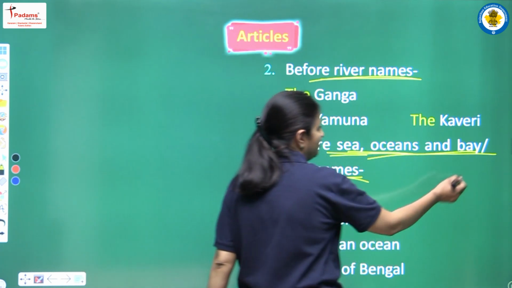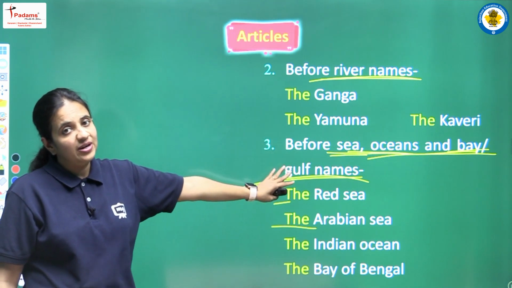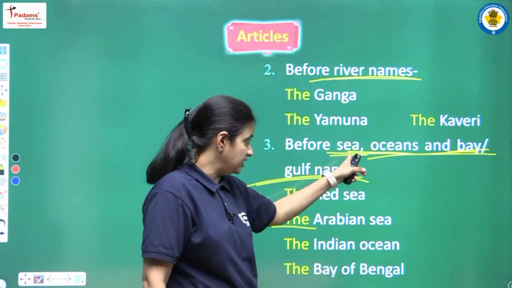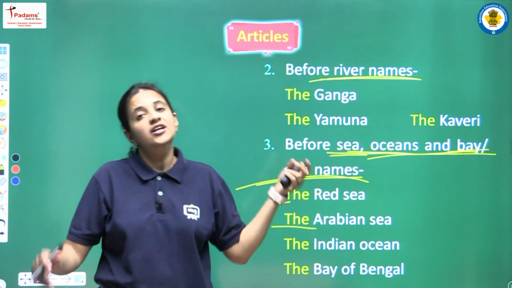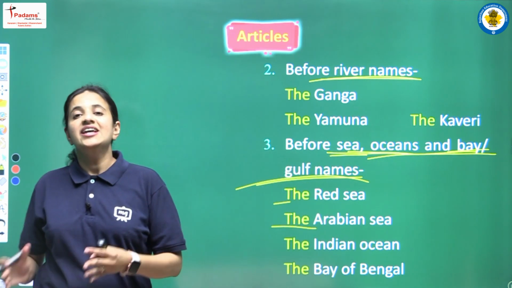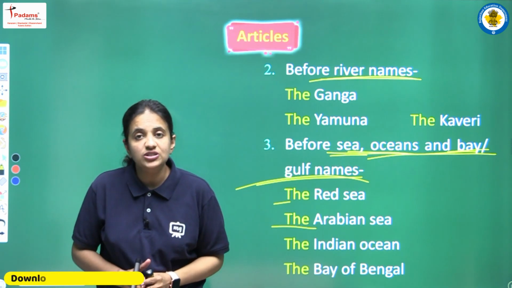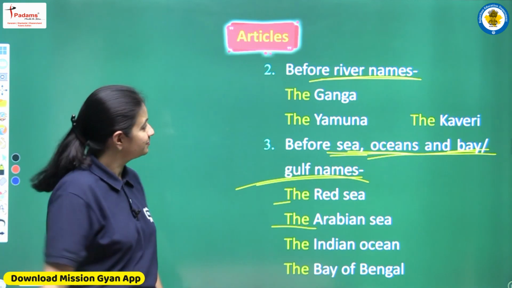We all know it's a bay, so for that also we have the article. Once more, I am reading this point: the article the is used before seas, oceans and bays, or gulf also. If we have such names, then before these names we can use the article the.